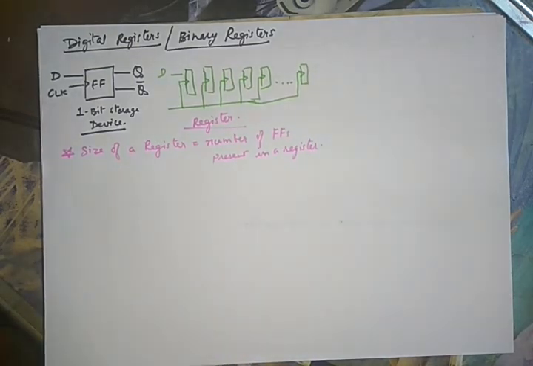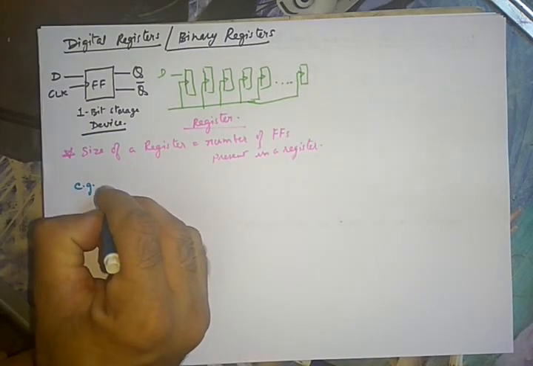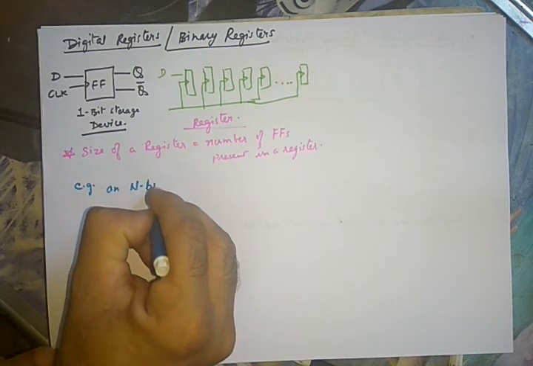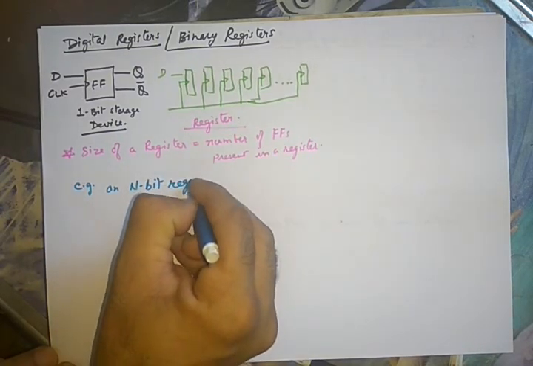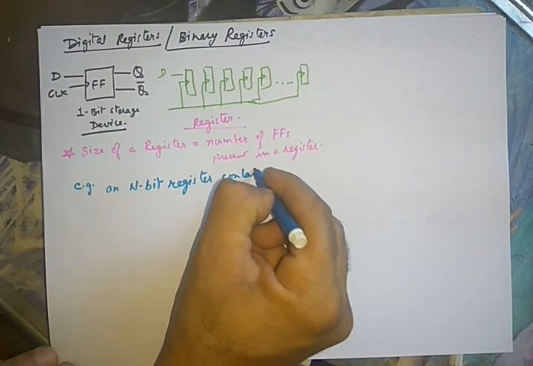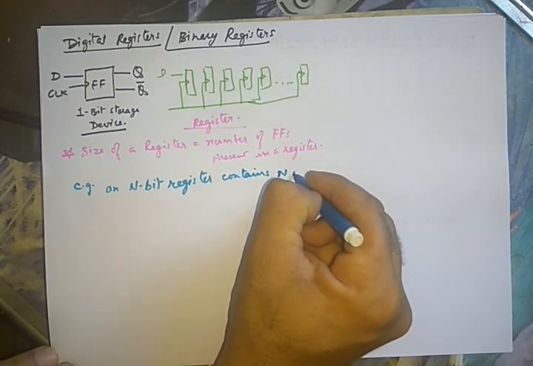For example, an n-bit register contains n number of flip-flops.